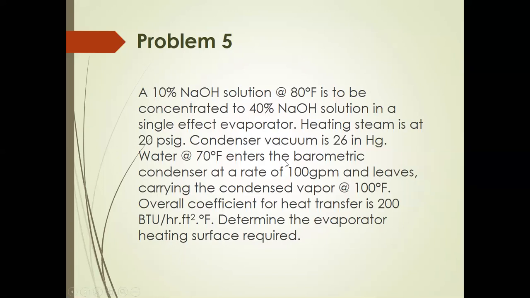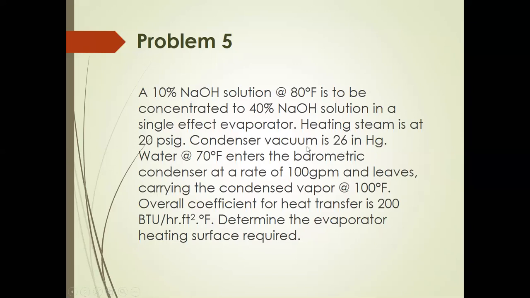Now, as a guide, let me guide you because I'm sure you are going to ask how to process the problem. The operating pressure of your column is not given in this problem. What is given is the condenser pressure, which is under vacuum. If your condenser is connected to your evaporator, then in principle they should have the same operating pressure.